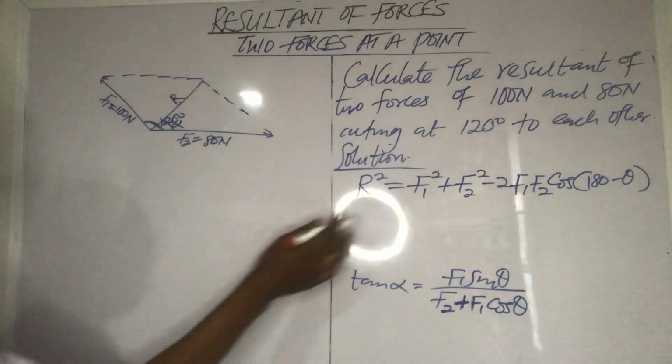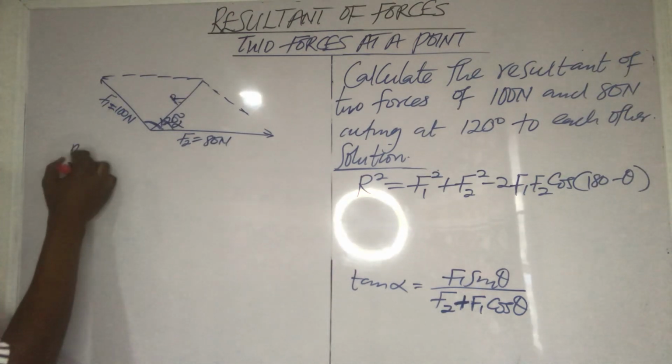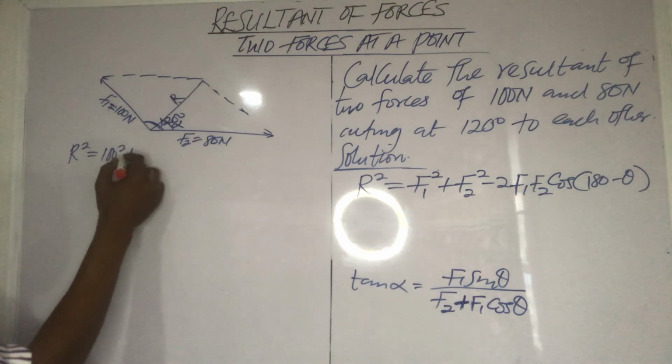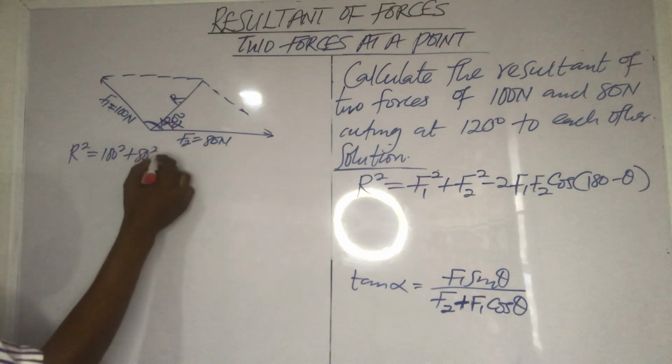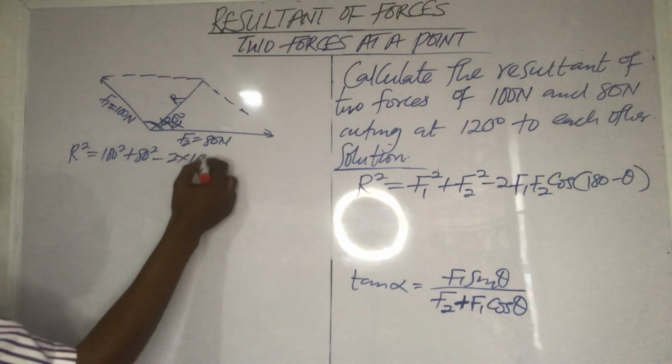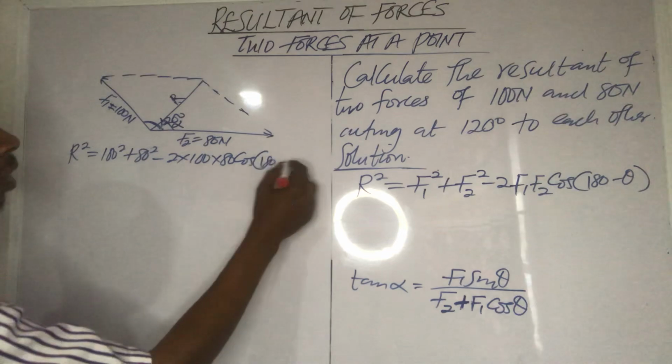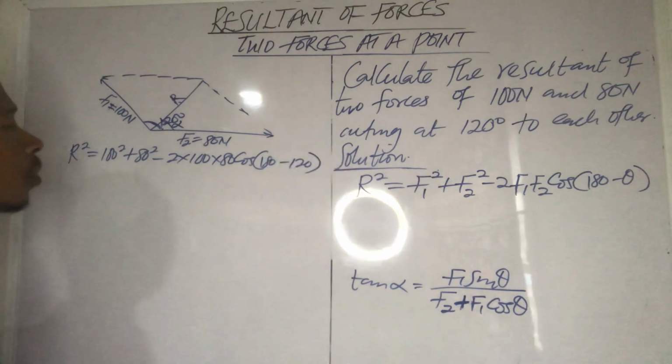Then substituting it in this formula now, I will have R squared is equal to F1 squared, that's 100 squared, plus F2 squared, that's 80 squared, minus 2 times 100 times 80 cos (180 minus 120).